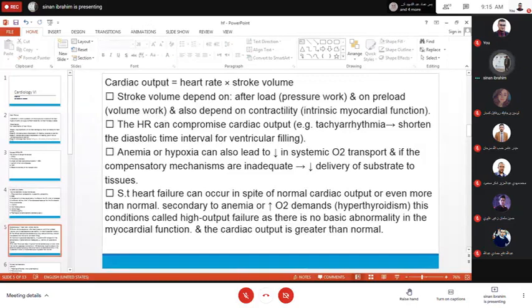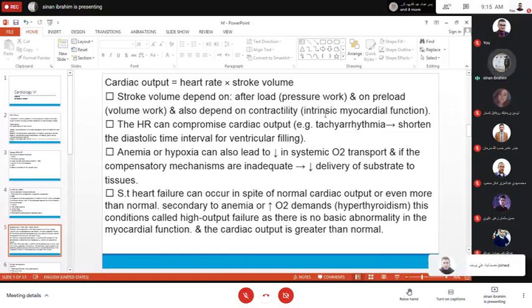So, as you all know, the cardiac output depends on the heart rate multiplied by the stroke volume, and from the physiology, as you remember, the stroke volume depends on the afterload, the preload, and also the contractility.